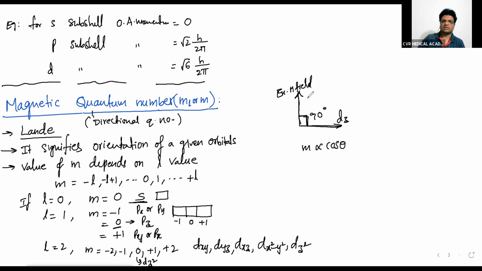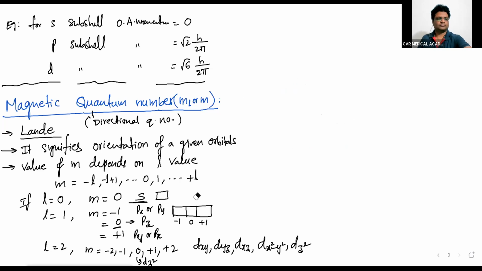Different orbitals indicate different orientations. So finally, the magnetic quantum number indicates the direction of orientation of a particular orbital.